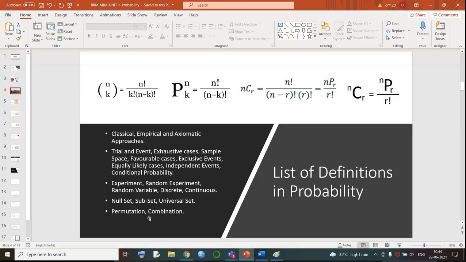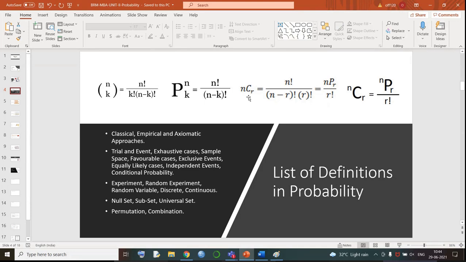Now, these are the simple formulas you have already learned in your schooling or intermediate, if you are from a BSc background. The simple permutations and combinations formula: nCk is equal to n factorial by k factorial into n minus k factorial. Simply, you might be using the formula nCr, which is n factorial by n minus r factorial into r factorial.